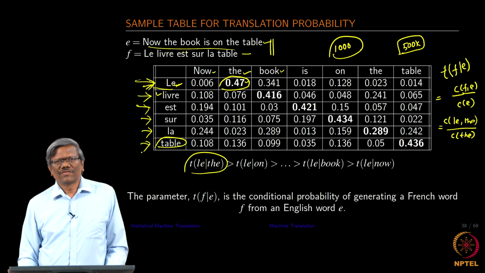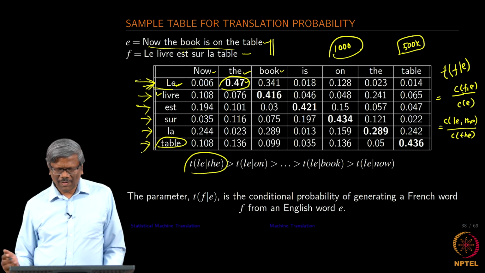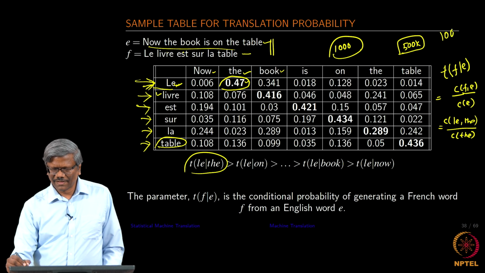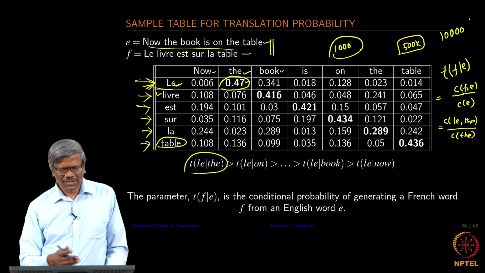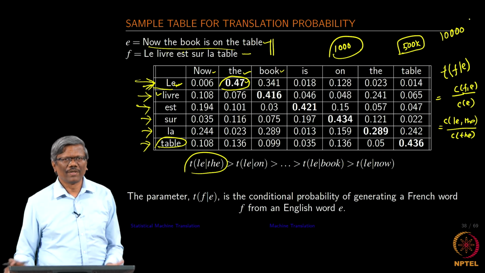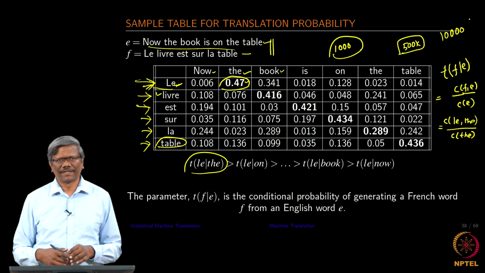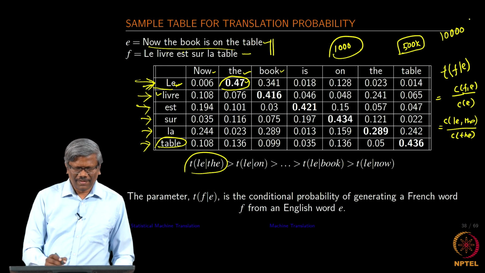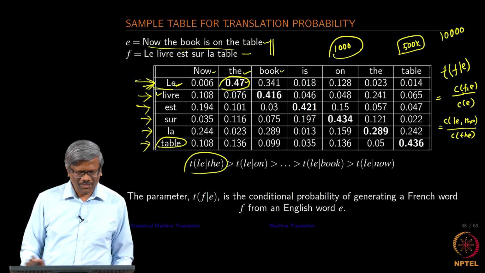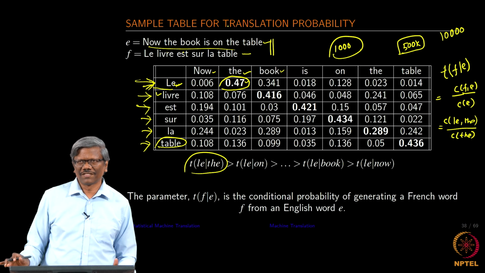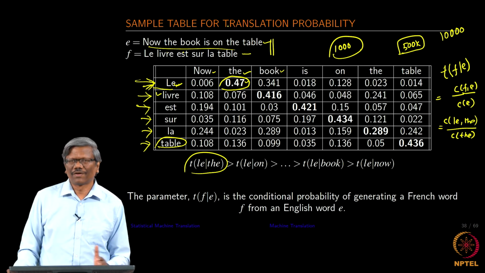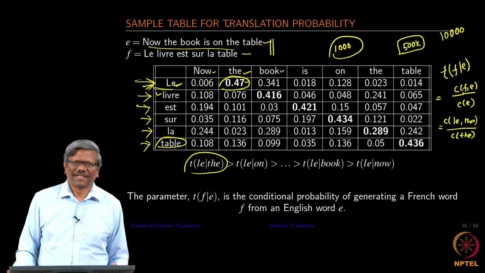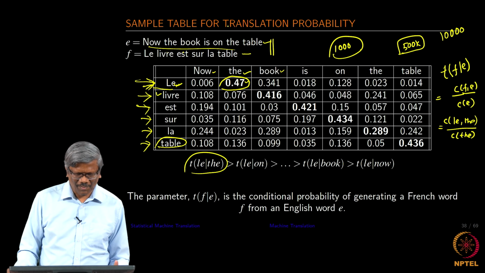Assuming that we have about 100,000 words in both English and French, you will have this many combinations in the table of translation probability. So, this is a very simple sample table that just wants to give you an idea how it really looks when you start computing the data from the sample corpus.